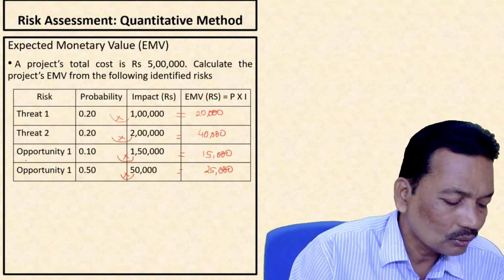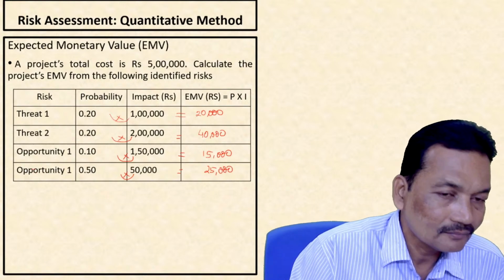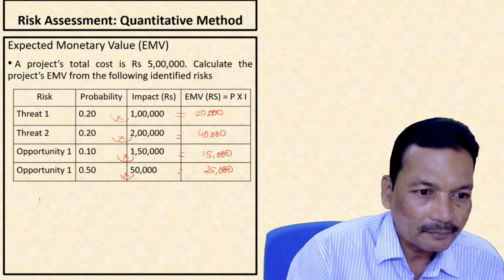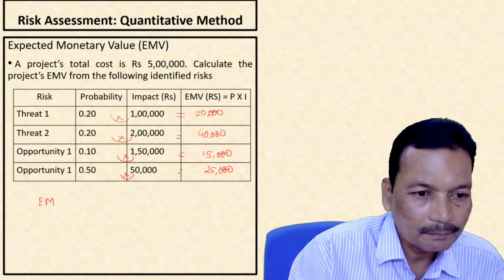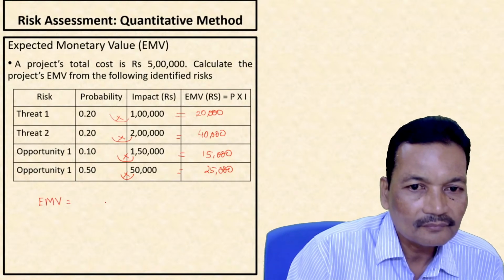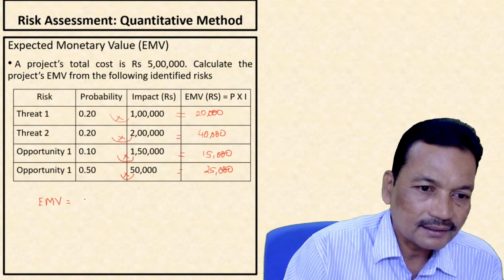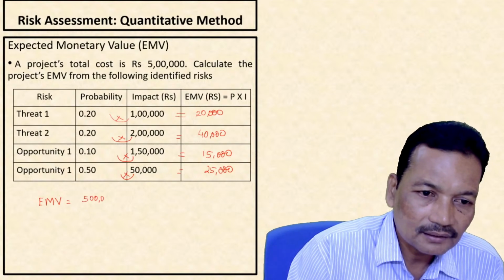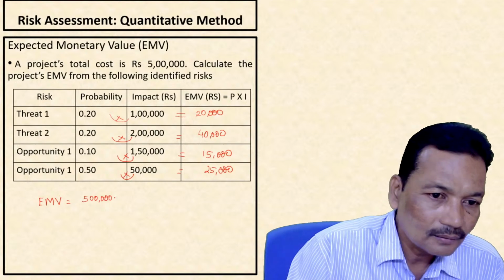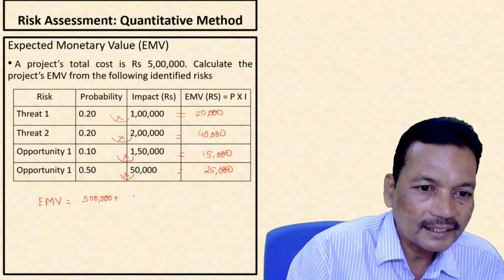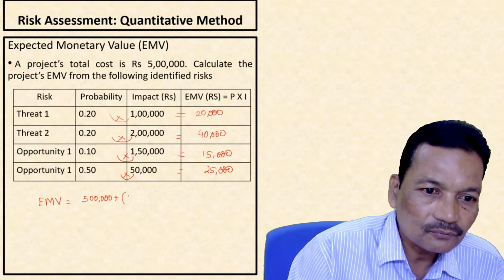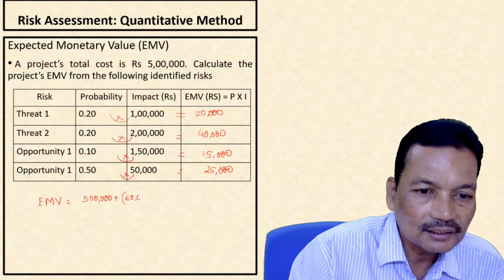So when you are calculating the expected monetary value of the project, EMV, we calculate it as project cost, 5 lakh rupees, plus what are the negative impacts I am having? 20 plus 40, that is 60,000.